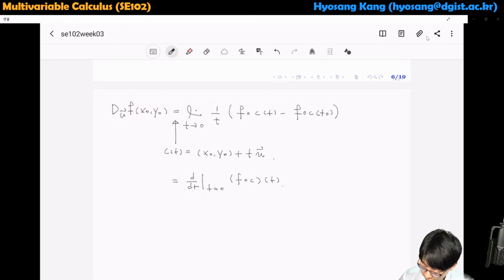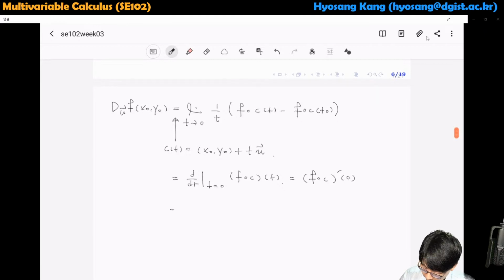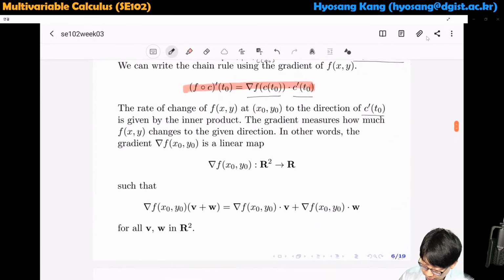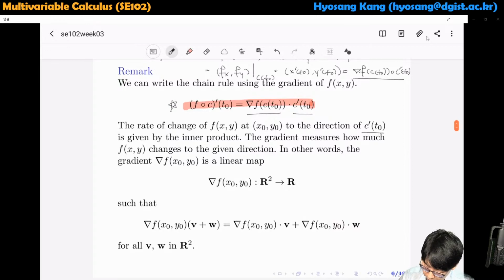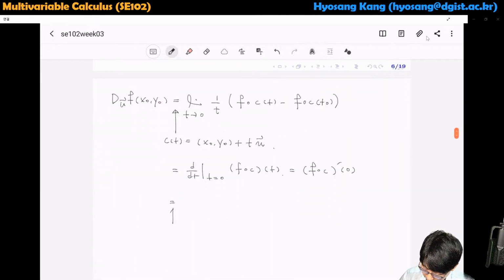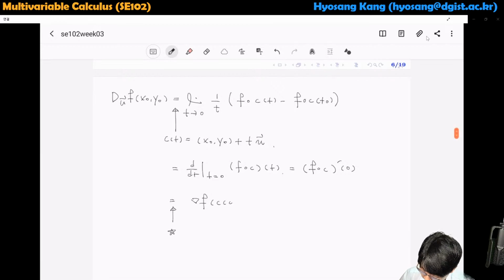Now I can just take c'(0) here. By the above observation, this equals the gradient of f at c(0), inner product with c'(t).